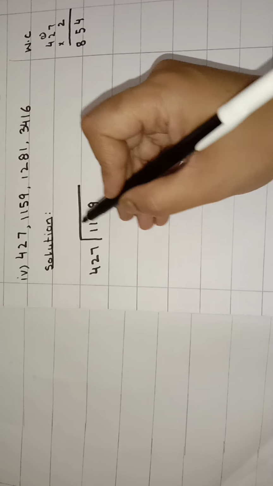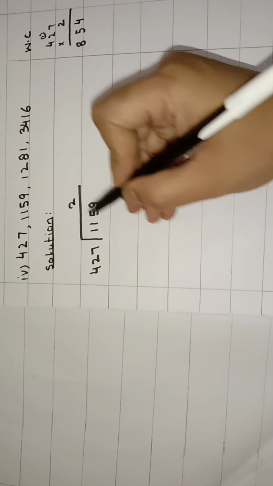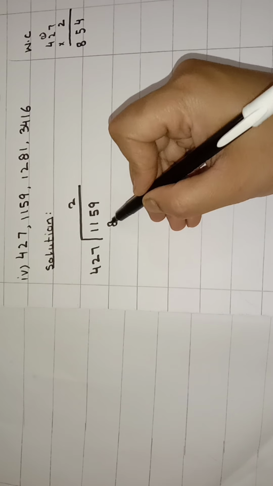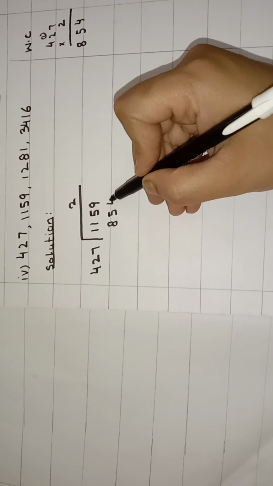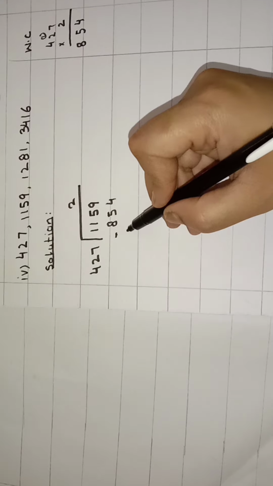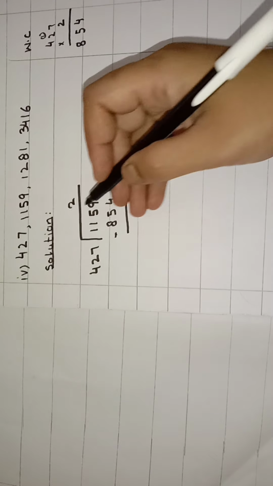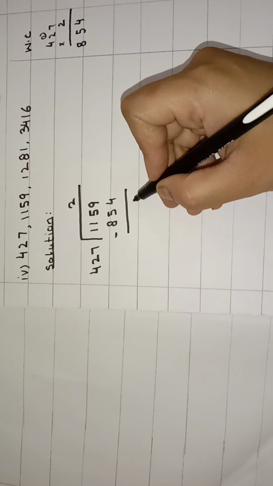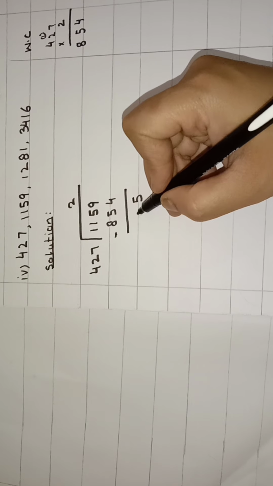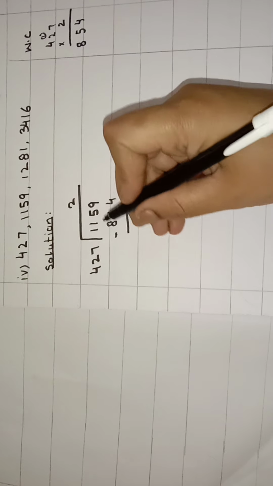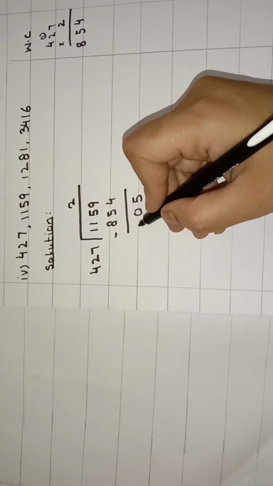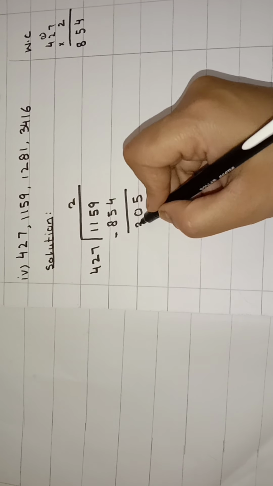427 twos are 854. I'm not trying with 3 because I know that 3 fours are 12. 9 minus 4, 5. 5 minus 5, 0. And 11 minus 8, 3.